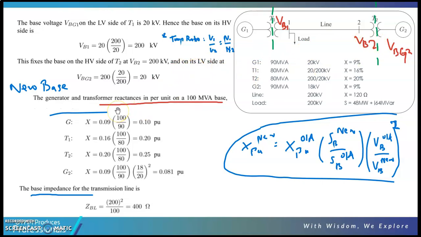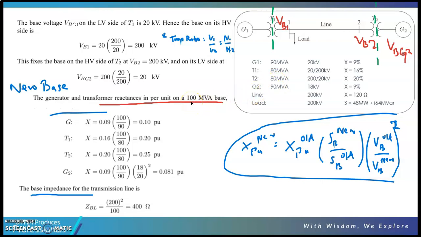Next, the question asks you to determine the impedance in per unit based on the new apparent power, which is 100 MVA. Before this, our G1 is referred to 90 MVA, and for example, our T2 is referred to 80 MVA. So we need to refer to the common base.